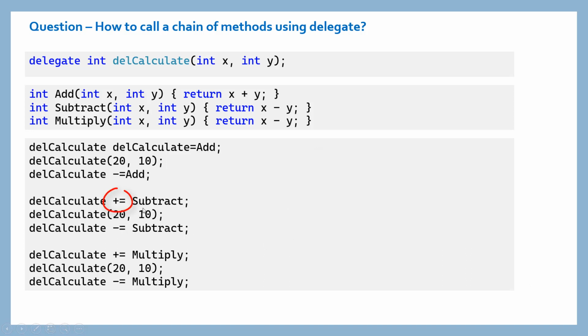So by plus equal to, we can add any method in delegate, and by writing minus equal to, we can remove any method or element from the delegate method list. We'll see this by writing some code.